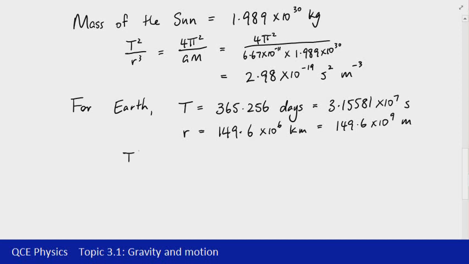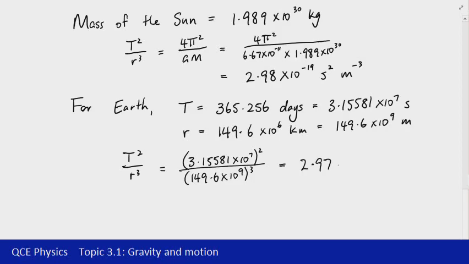And if we look at the value of T squared on R cubed for Earth, that's 3.15581 by 10 to the 7, all squared, divided by 149.6 by 10 to the 9, cubed, and the answer that we get from that is 2.975 by 10 to the negative 19, and again the same units as before, seconds squared per cubic metre.